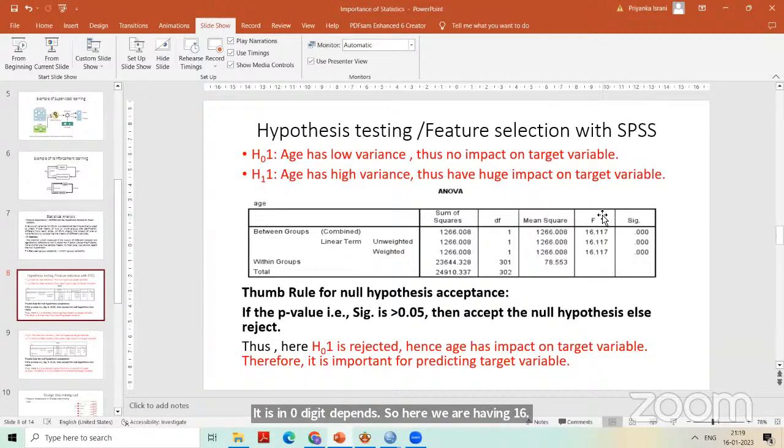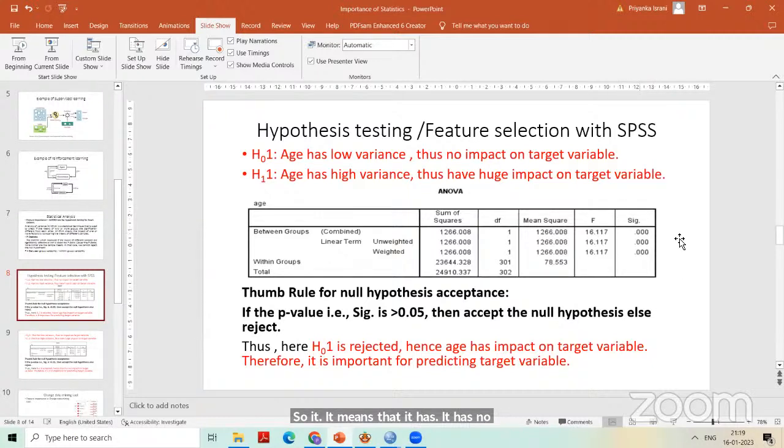Significance is also given. F statistics will give us the importance. So the importance of this age feature in the machine for predicting heart disease is 16.117, while the significance is 0.000.